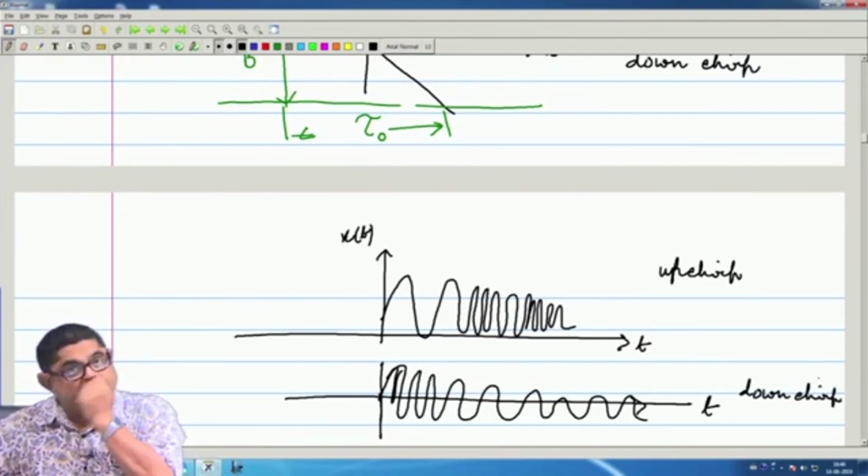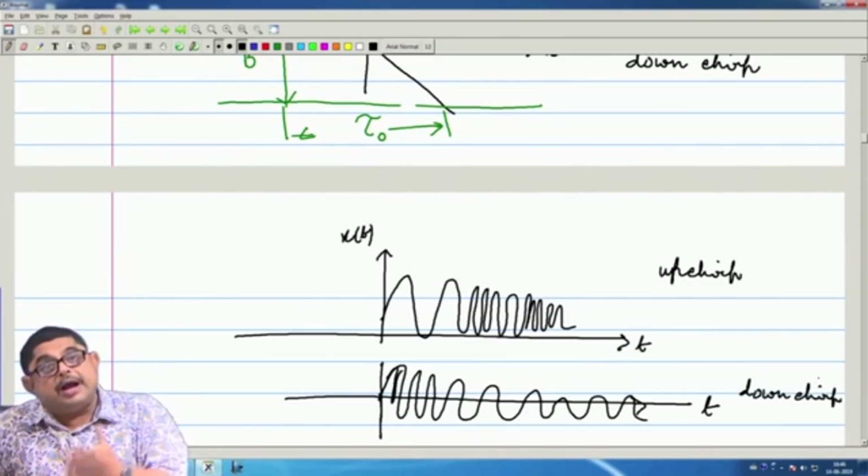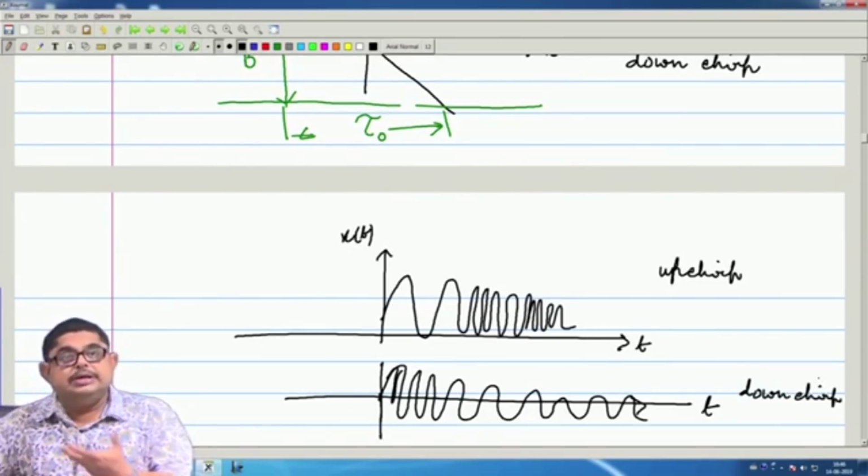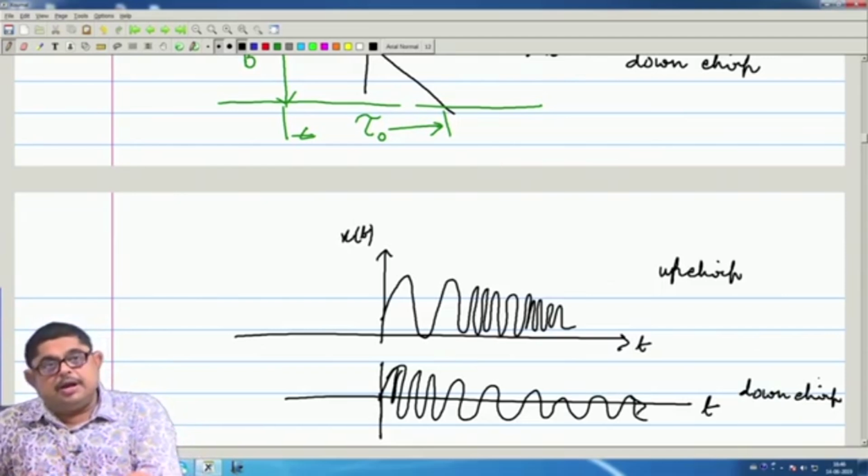Continuously, in a particular fashion, you can change it, but we will see in the next class the behavior of this signal as a transmitted signal.